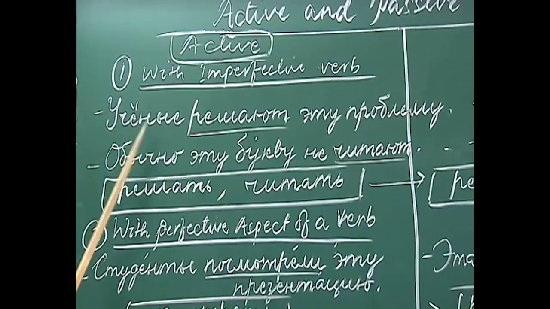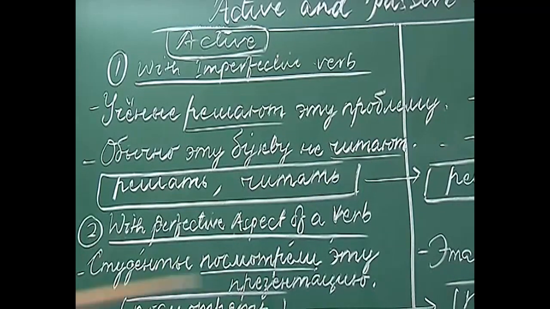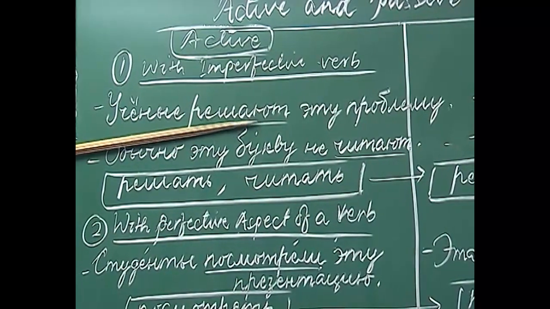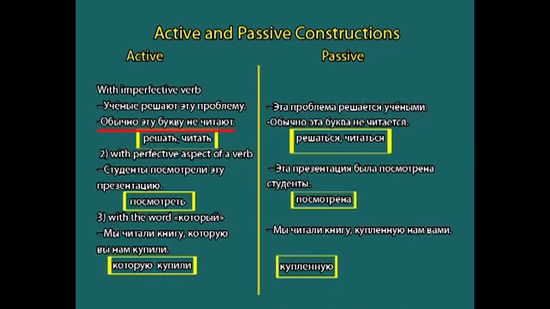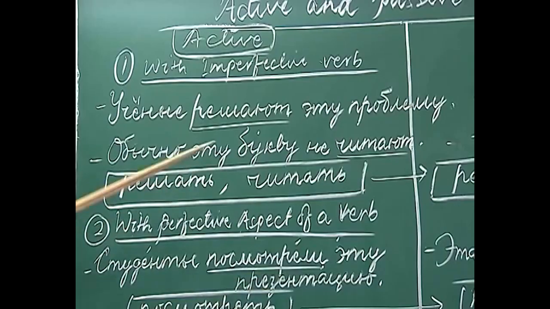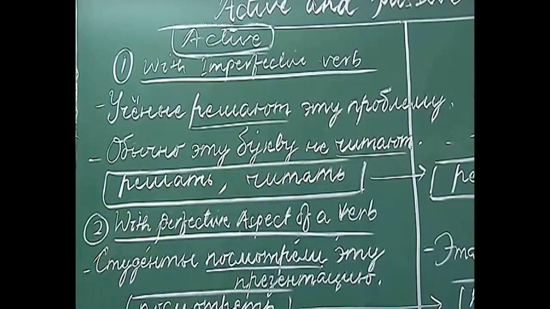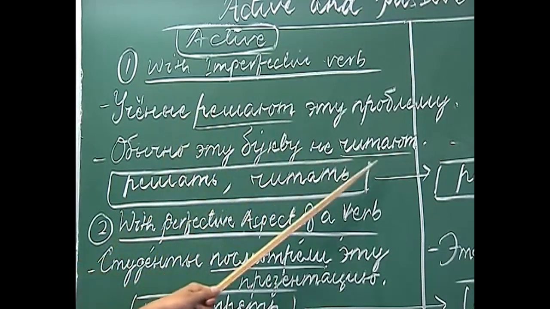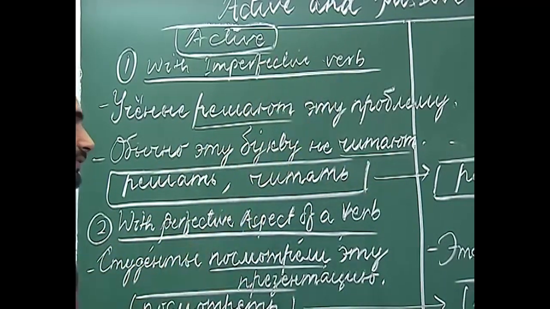The scientists, they solve this problem. So, here as you can see, решать is the imperfective aspect of the verb, and the second example we have is обычно эту букву не читают. Usually this letter is not read or not pronounced. In these 2 sentences we can see that the verbs are in the imperfective aspect.